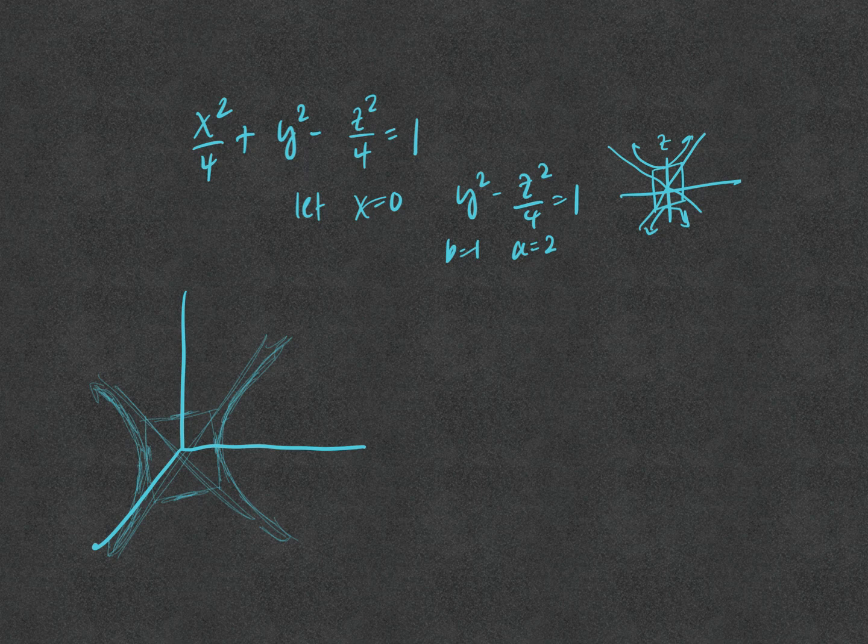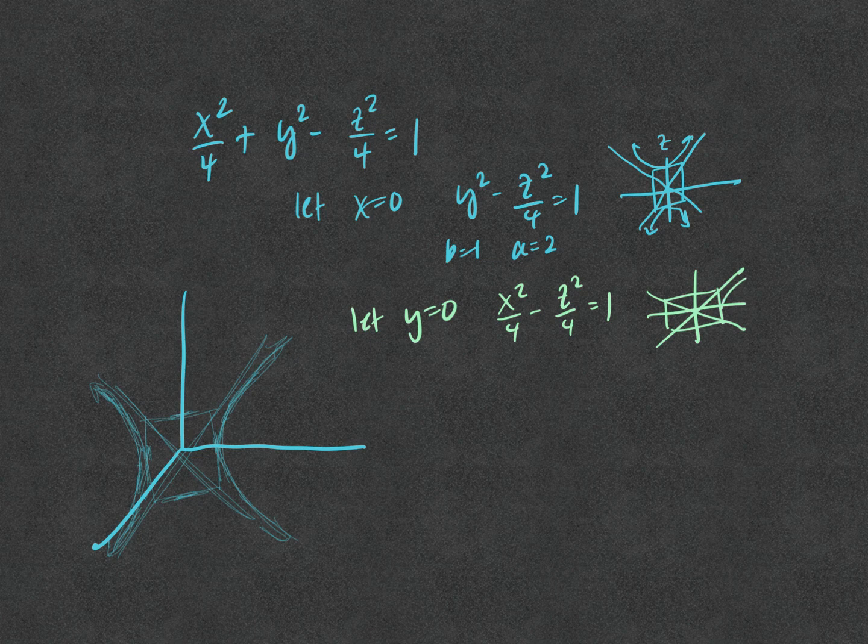All right, so now let's let y equal 0. When we let y equal 0, we have x squared over 4 minus z squared over 4 equals 1. So here we have a hyperbola where both values are 2, x and z, and it's opening on the x-axis.